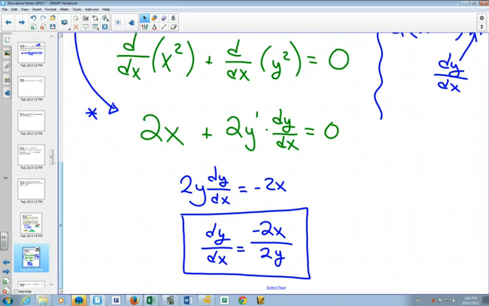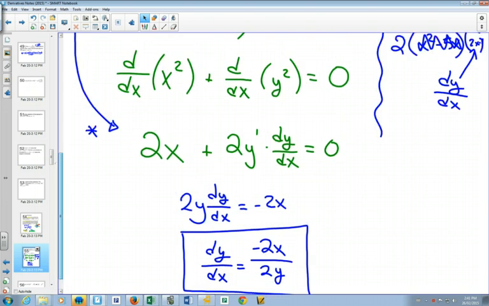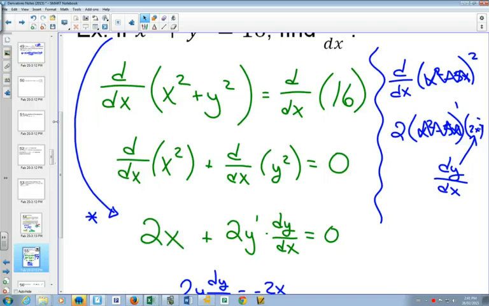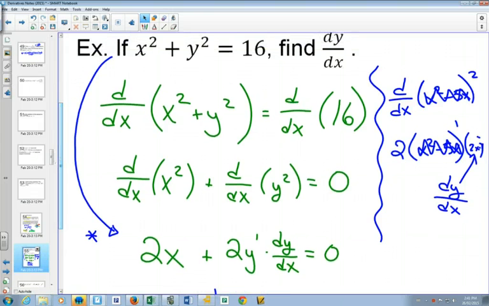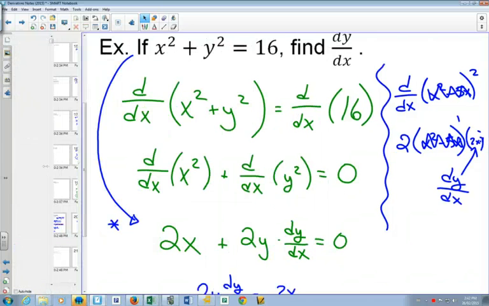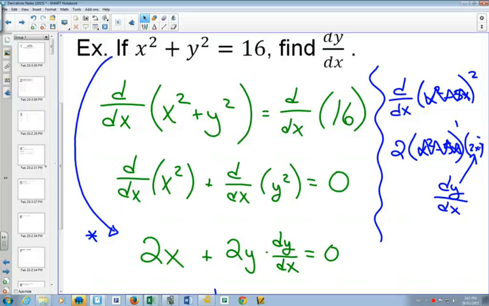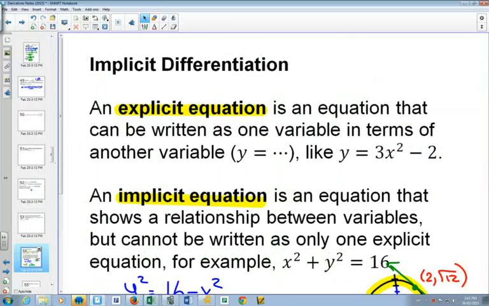This is really simple for finding the derivative compared to if you had to substitute in to figure out the derivative. In fact, even our explicit equations, if we go back to our previous screen here, even our explicit equations we could have done this way.